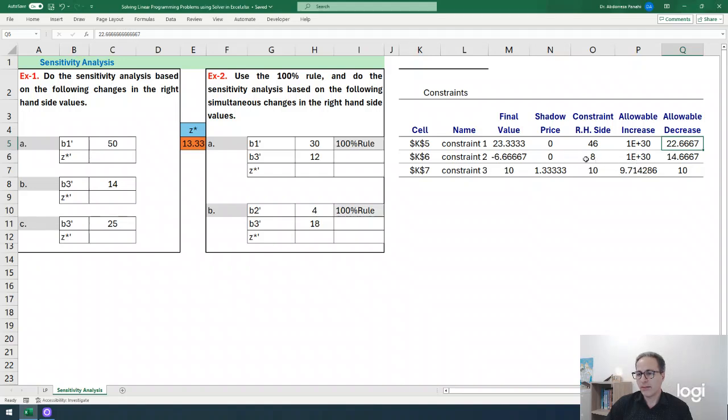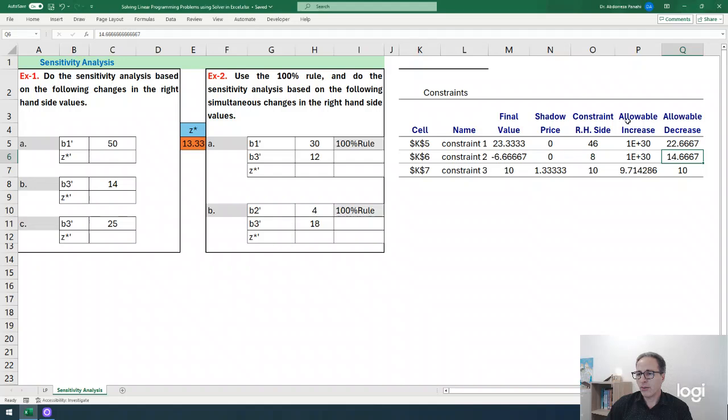This means that this 8 can be increased by this number, but this number here is 1 times 10 to the 30. This 1E+30 means a very big number. For example, if we divide a number by this, it's almost 0. Or we consider this as infinity. So it can increase up to infinity, but it can decrease at most by 14.6667 units.